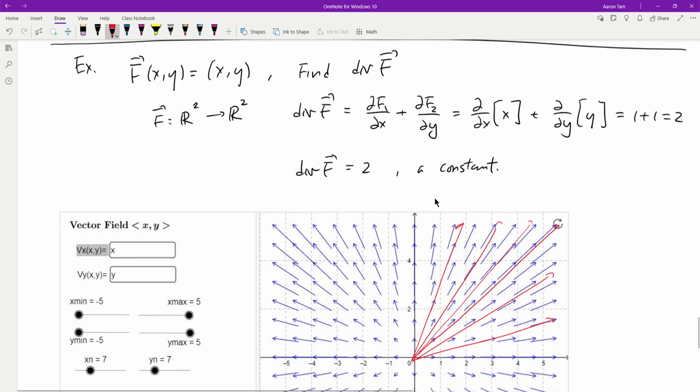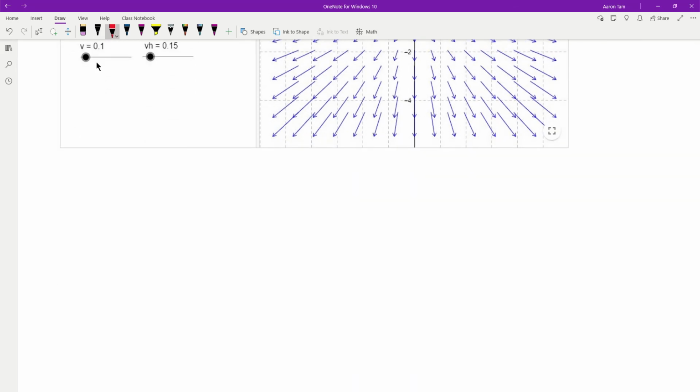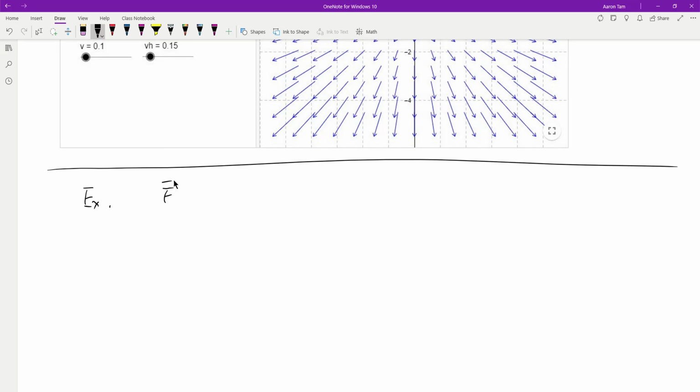Now, let me give you one last example to illustrate, and then that would be it for today. So what happens with this one? How about the vector field f of xy equals x plus y, y?